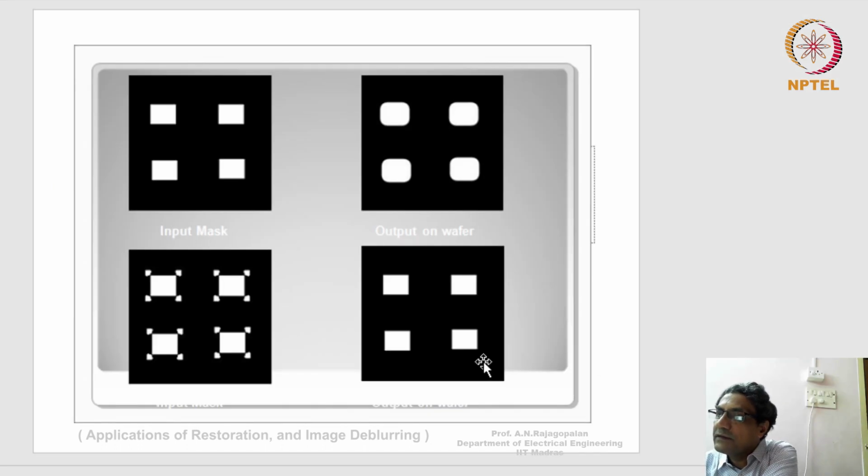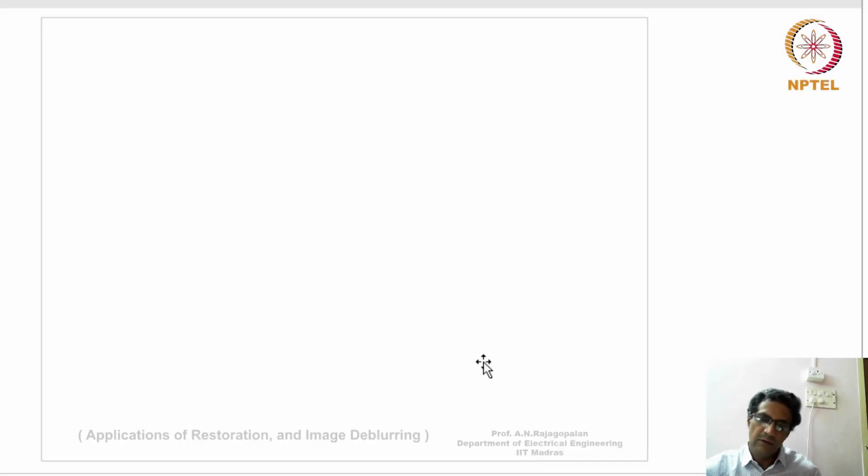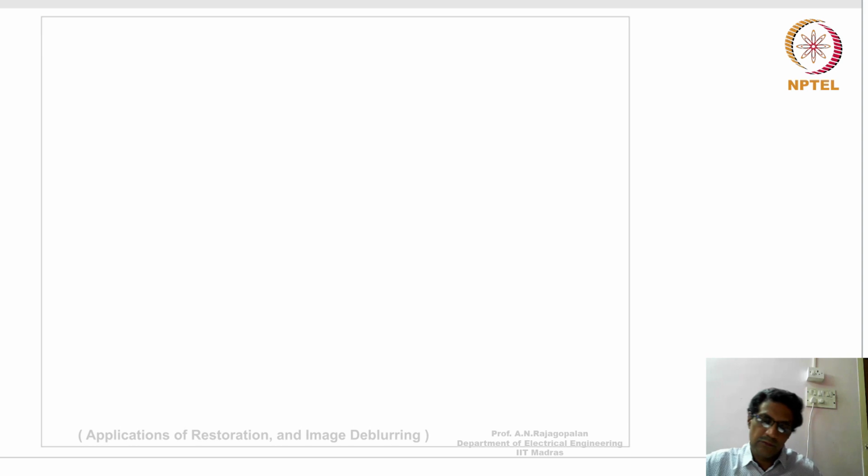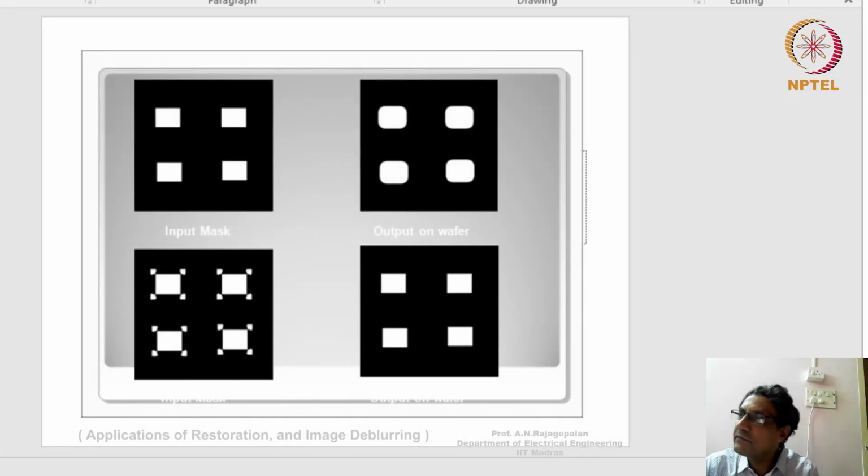So if you see this image, the whole idea is to be able to produce a mask such that the output looks sharp, such that the binary pattern that you actually print on the wafer is sharp.